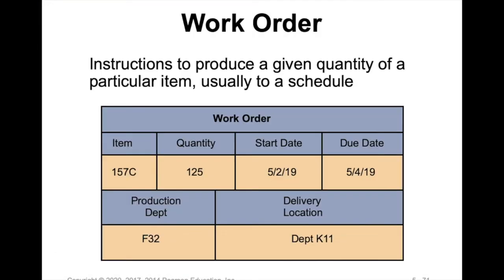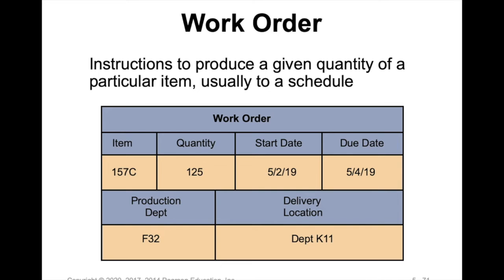And the next is we have other documents such as the work order. Work order ni macam instruction for the production punya orang to produce a given quantity of a particular item. Maknanya on that particular day berapa banyak dia nak produce lah. Contoh item 157 probably almari ke apa kan. So the quantity for that date is 125.